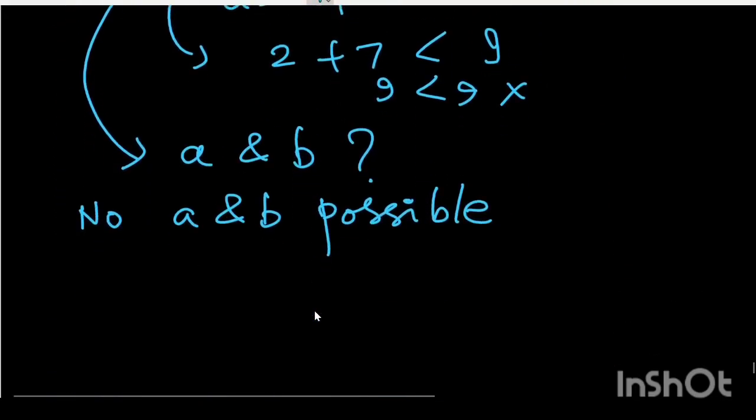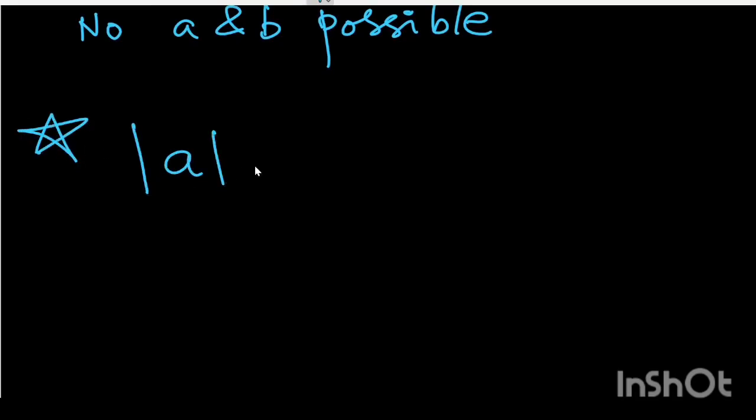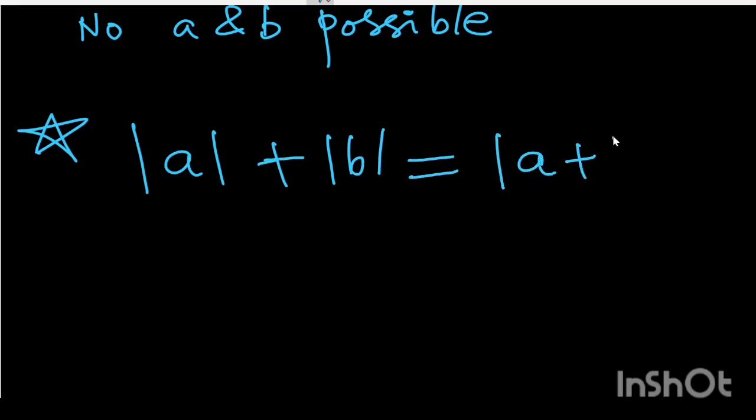Now the question arises, what if it is given as |a| + |b| = |a + b|? Then what are a and b? A and b are some real numbers, of course, but here what they want to ask is the signs of a and b.